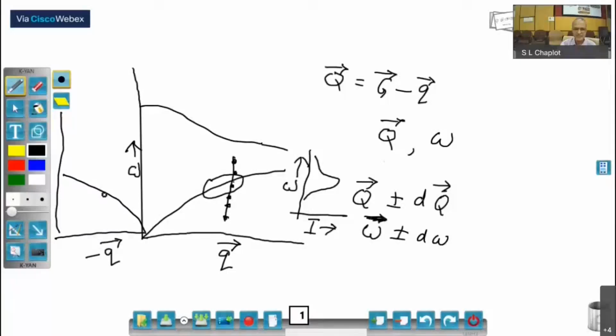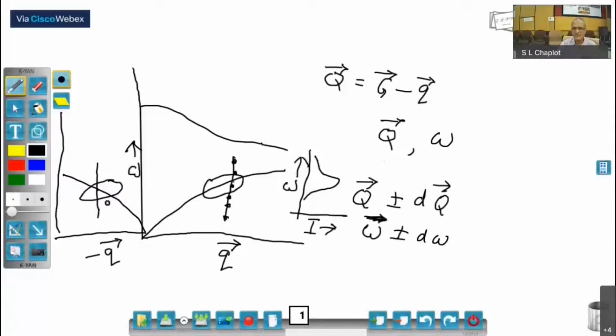But if I measure here with the same kind of resolution ellipsoid, you can see that it will have a different overlap than there. If the resolution ellipsoid is nearly parallel to the dispersion surface, the overlap will be for a very narrow region in frequency.